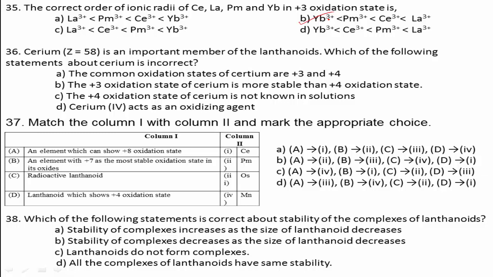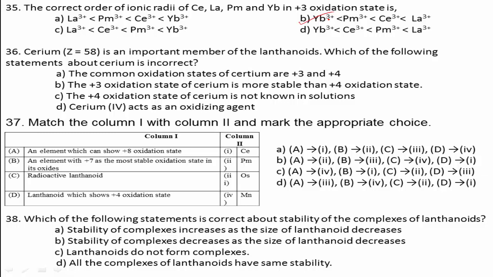When you observe the options for this question, come to option C. It is the incorrect statement because they have given that the +4 oxidation state of cerium is not known in solutions, but +3 and +4 states are shown by cerium in aqueous solution.